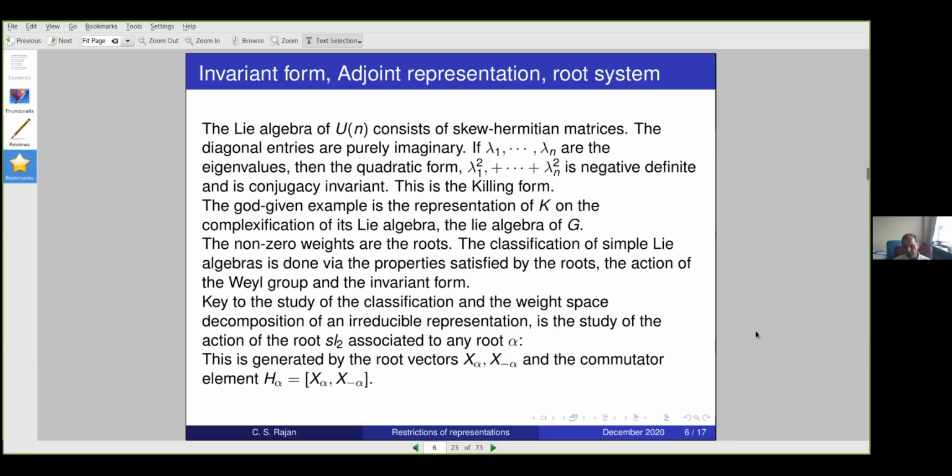And in the study of the representation theory, the decomposition of V as a sum of its weight spaces, the main tool is the SL2 corresponding to the various roots alpha, right?